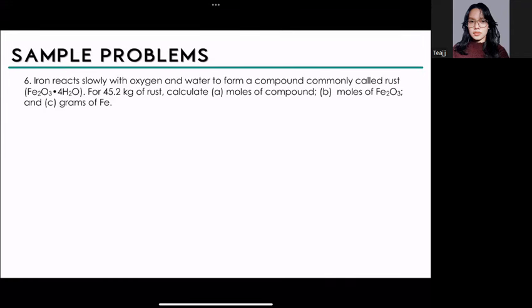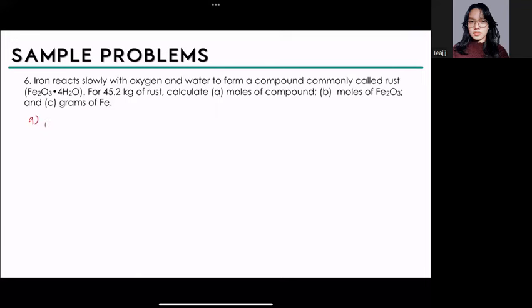So i-calculate yung moles ng Fe2O3 4H2O and the moles of Fe2O3 and then grams of Fe. Okay, so let's start with letter A.